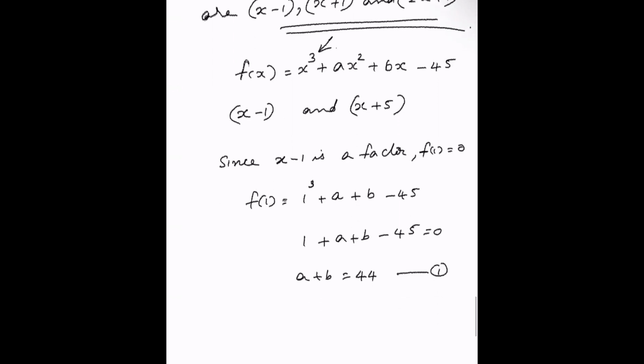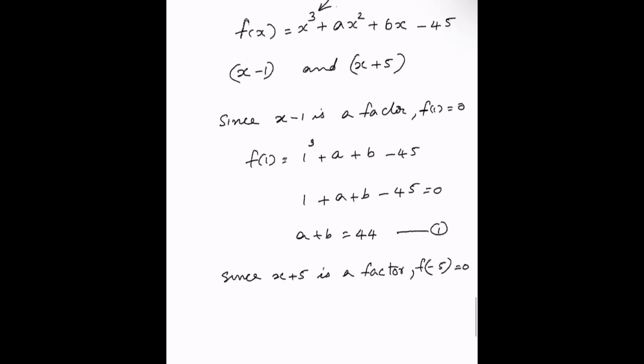Now, since x plus 5 is a factor, f of minus 5 is 0, right? f of minus 5 is also going to be 0. So you will write minus 5 the whole cube plus a into minus 5 the whole square plus b into minus 5 minus 45 is equal to 0.